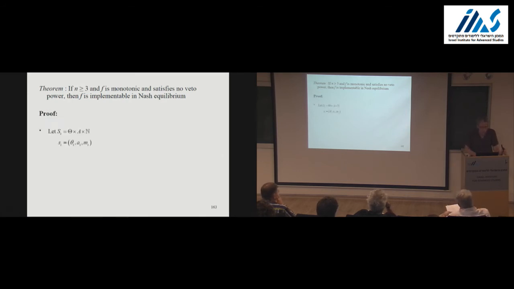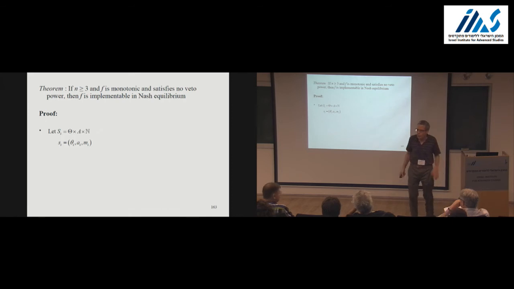Okay, so we're going to construct a mechanism. And the first thing to decide on is what the strategy space is. So what we're going to have each player do is make an announcement. Player I will make an announcement about the state, theta I. Here, in this construction, I'm assuming that players actually do know the state.